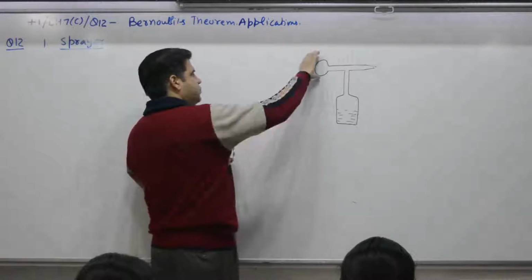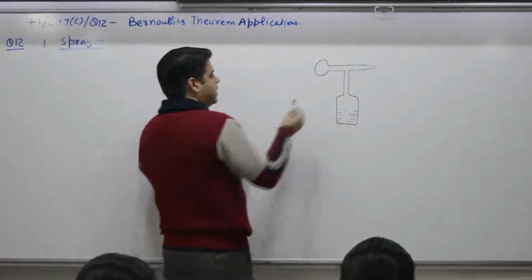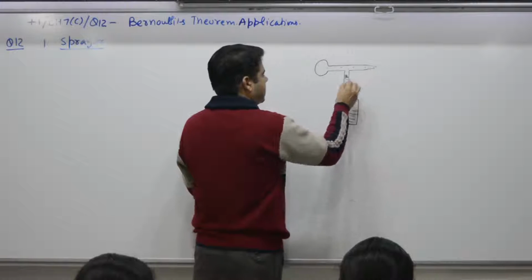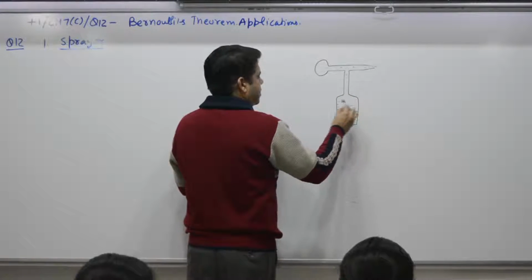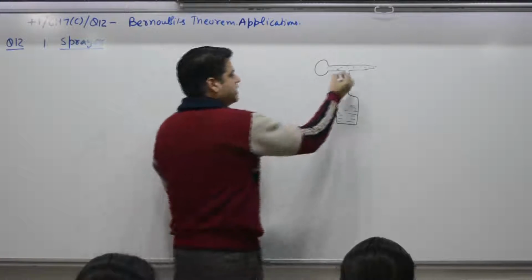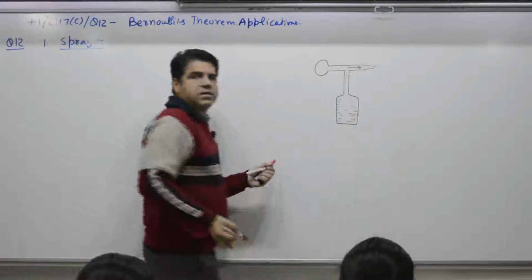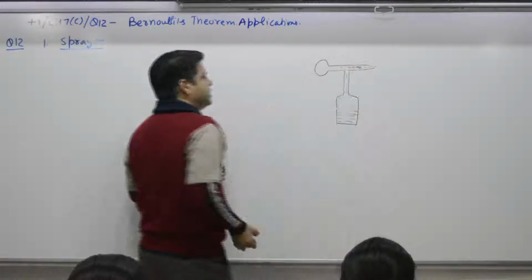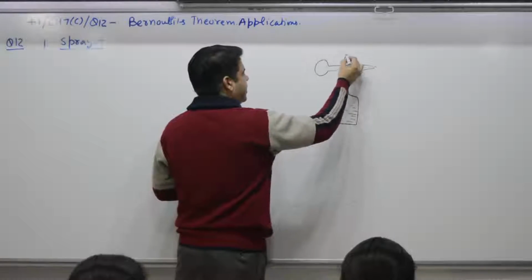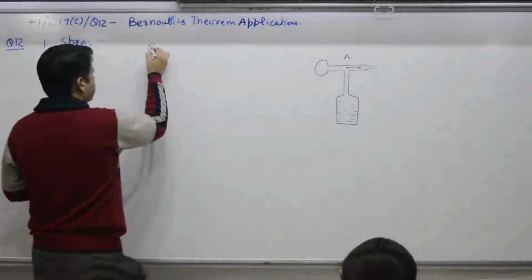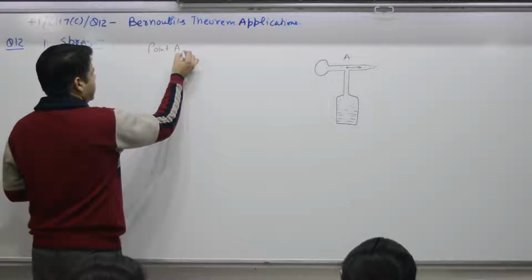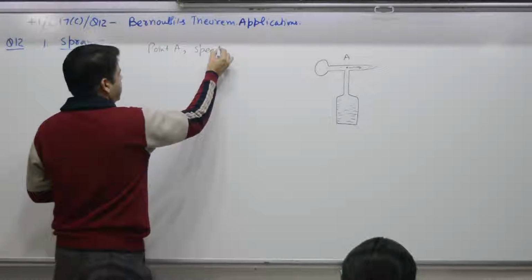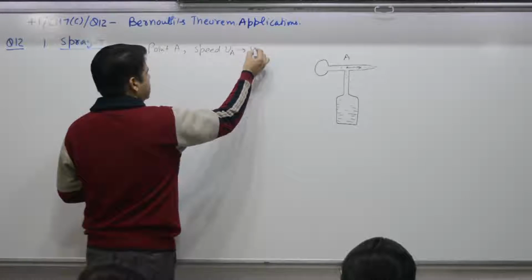If you press it at this point, the air present inside will move to the right, correct? If air moves with high velocity at point A, speed VA is high.